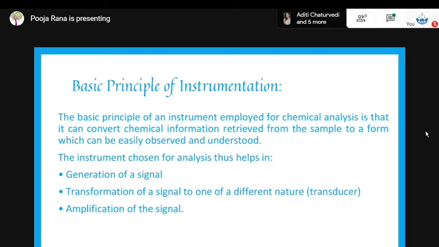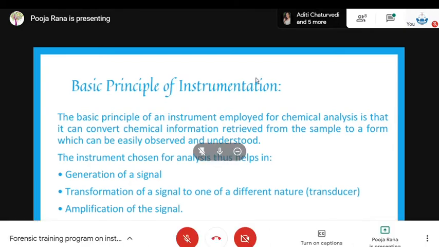All right. Now, this instrument which is chosen for analysis helps, first of all, in the generation of signal. Thereafter, the transformation of signal into one of a different nature. For example, you are determining the level of hemoglobin present in blood.